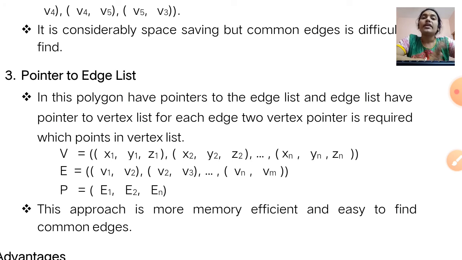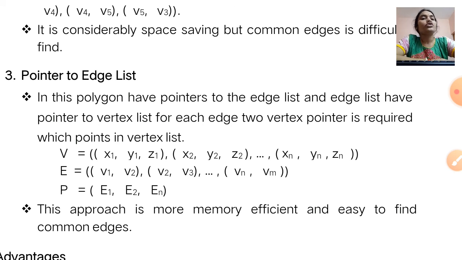In this way, edges are there. To connect one edge, we require 2 endpoints or 2 vertices. So E equals V1 V2, V2 V3, V3 V4, V4 V5, in this way Vn to Vm. Okay, these are your edges.